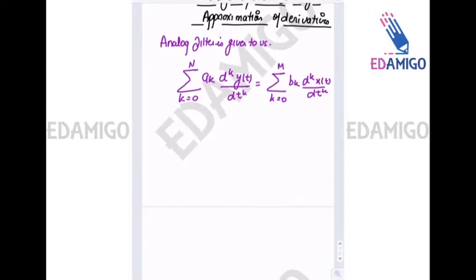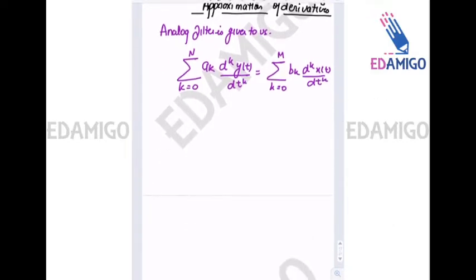Now, as we know, the differentiation of y(t) at t equal to nT will be given as y(nT) minus y((n minus 1)T) divided by capital T.